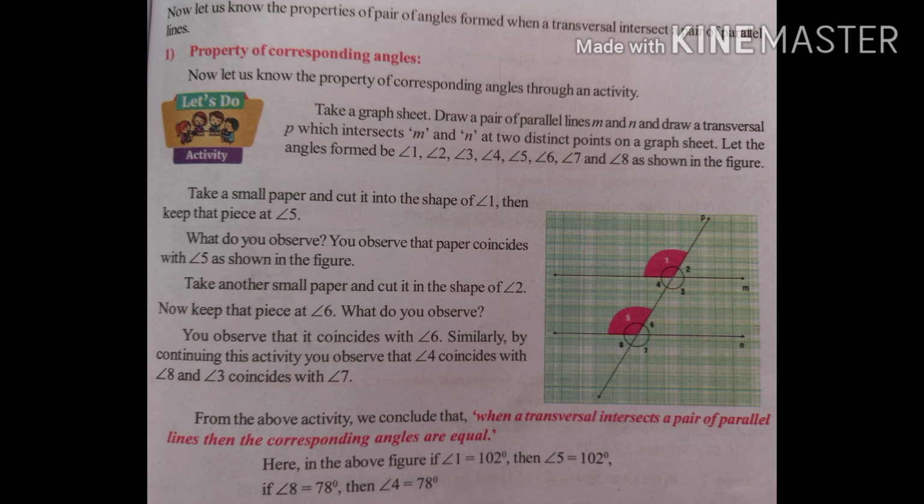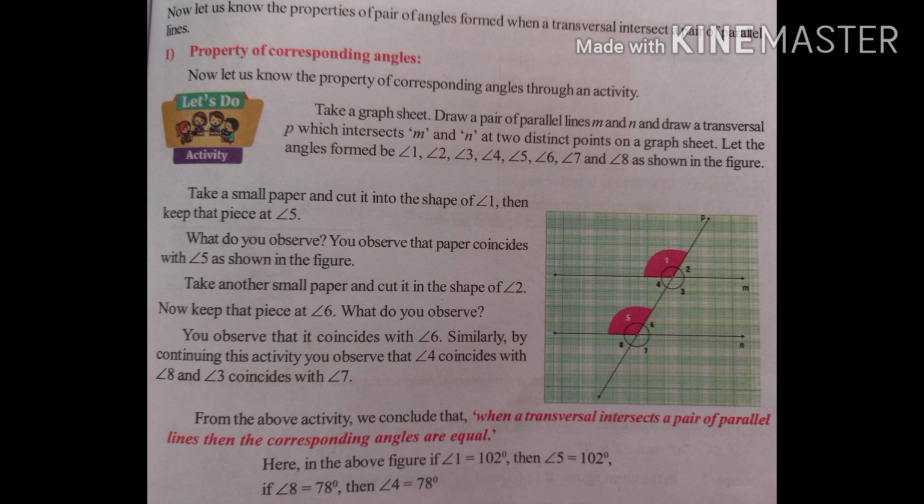Property of corresponding angles. So take a graph sheet, draw a pair of parallel lines M and N and draw a transversal P which intersects M and N at two distinct points on a graph sheet. So children, take a graph sheet and draw the lines L, M and N. Draw two parallel lines M and N. In a graph sheet you can easily draw them.